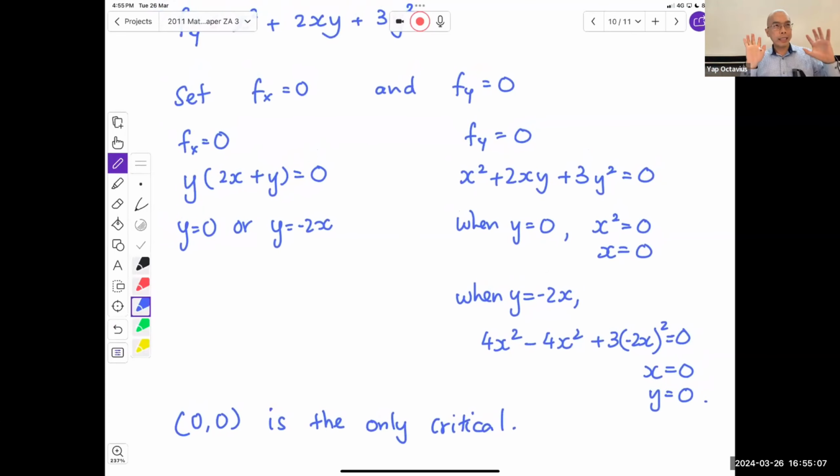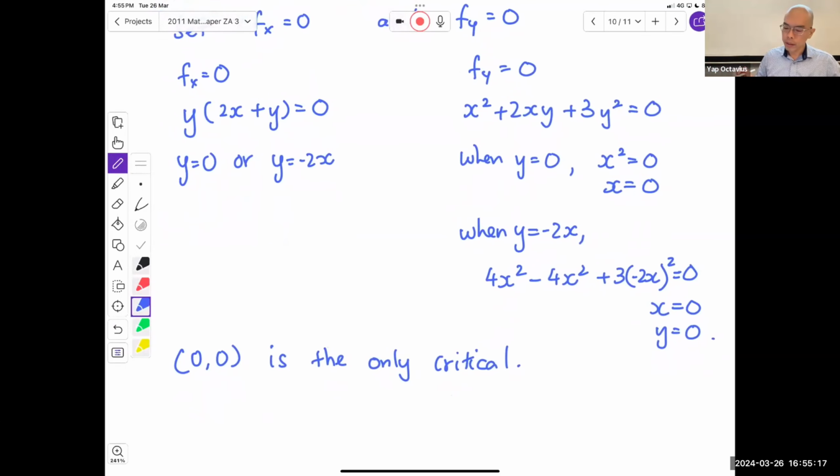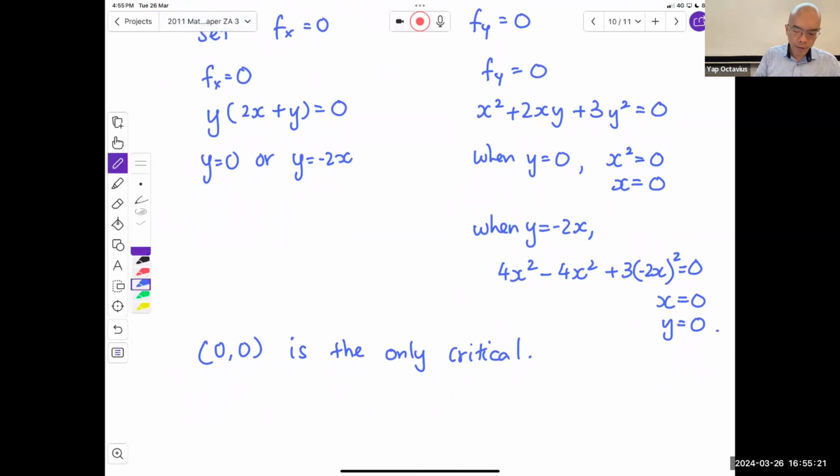So now we take the hint. They say you might find it useful to consider the values of f(x, x). So first, we consider our value of f(0, 0), because this is the only critical point. This equals 0.